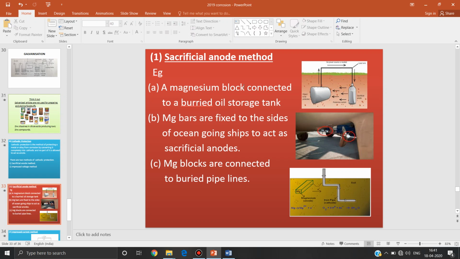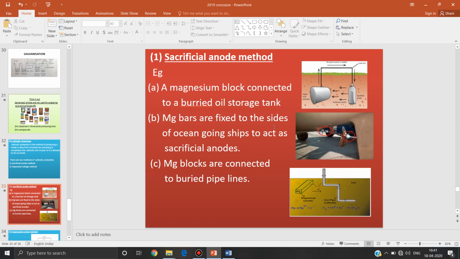Usually a magnesium block is connected to a buried oil storage tank. The oil storage tank is made of iron, the magnesium bar acts as anode and the iron tank acts as cathode. So the anode will always undergo corrosion.